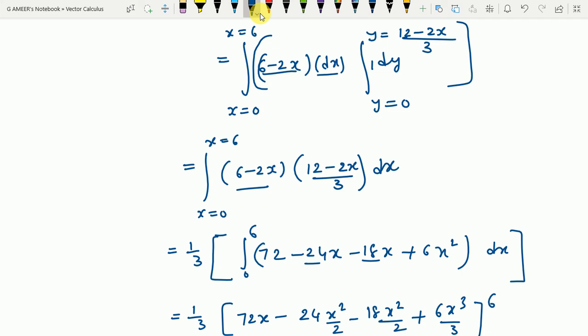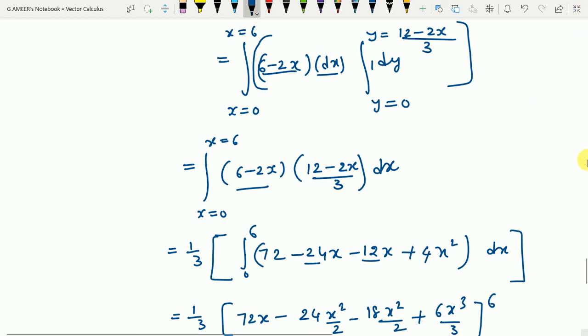Now again the simplification: 72, then 24x minus 12x, this is not 18, this will be 12x, plus this is the 4x square.